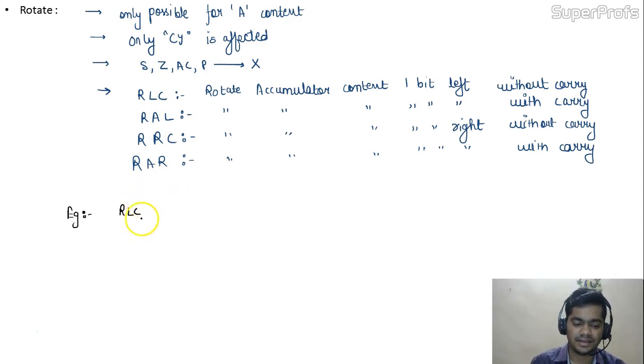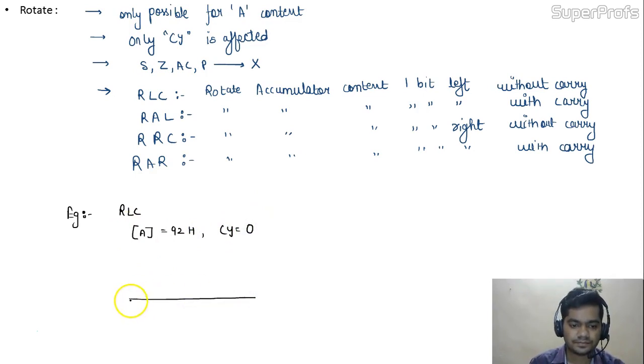RLC is given, and the content of A is given as 92H, and the carry flag initially is given as 0. So first of all we put the contents of the accumulator, that is 92H, that is 1001 and 2, that is 0010, and here we represent our carry flag, that is 0.